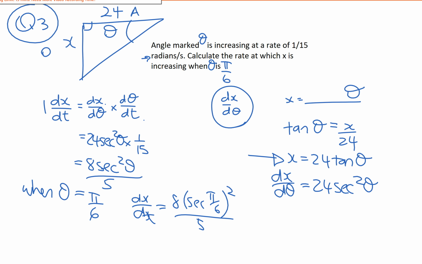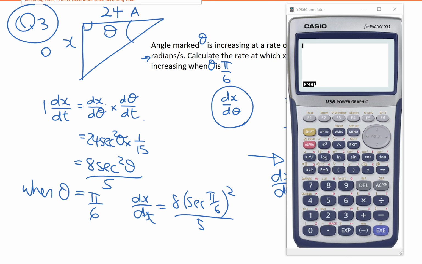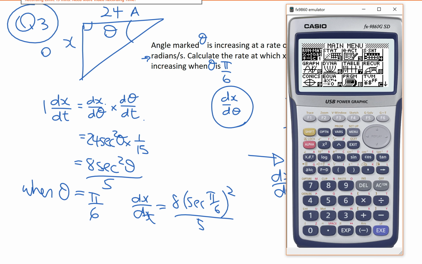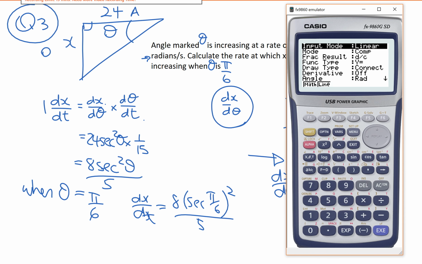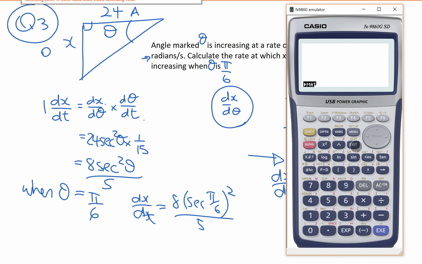Okay? So just making sure you guys can put that into your calculator. So sec is 1 over cos. Make sure that your calculator's in radians first. Mine is, so it's all good.